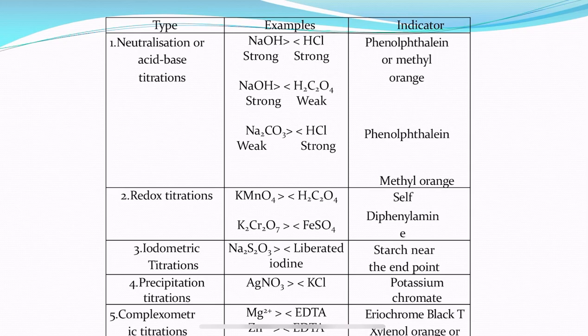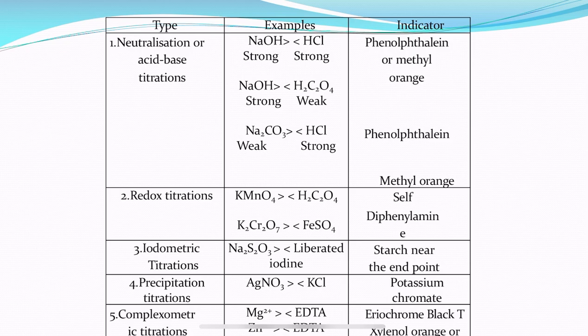The third one is iodometric titration. Iodometric titration is a special type of titration which requires an iodine flask. We cannot do the titration in a conical flask. Similar to the conical flask, there is another glassware called an iodine flask. Using that iodine flask, we perform iodometric titrations, and most iodometric titrations are back titrations.